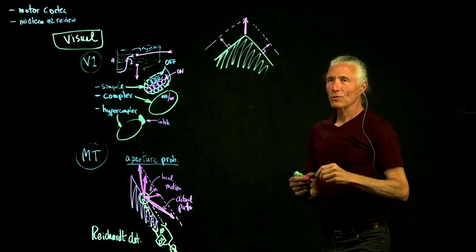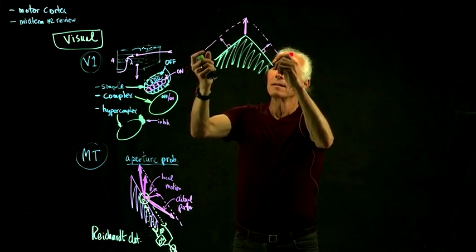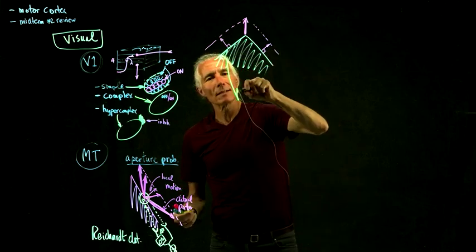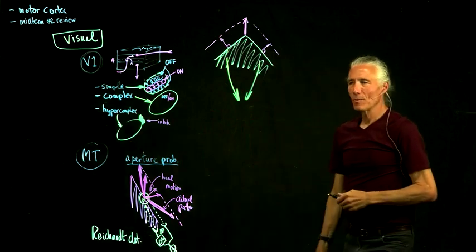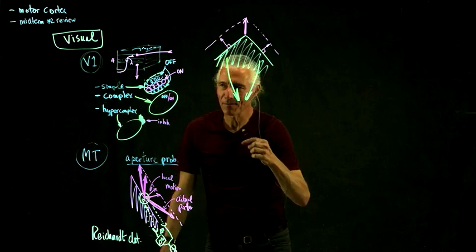And so those are slower motions, and they're off to the side. But if we can somehow sum across those two, then we can find out what the real motion is. And how do we do that? We said it was a voting scheme.